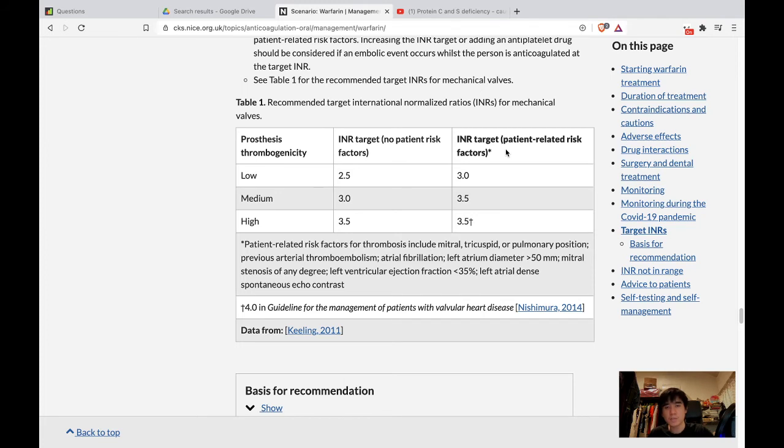Patient-related risk factors for thrombosis include mitral, tricuspid, or pulmonary position, previous arterial thromboembolism, atrial fibrillation, left atrial diameter more than 50, mitral stenosis of any degree, left ventricular ejection fraction of less than 35%, left atrial dense spontaneous echo contrast.